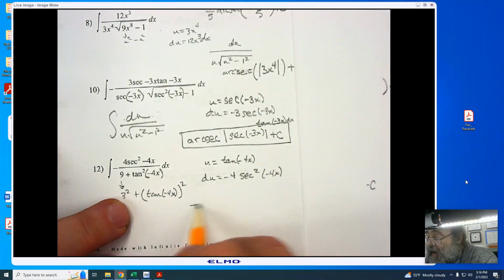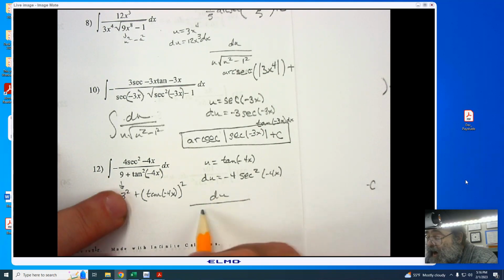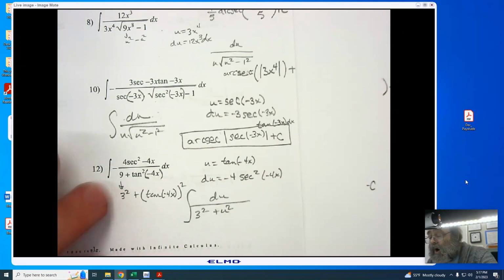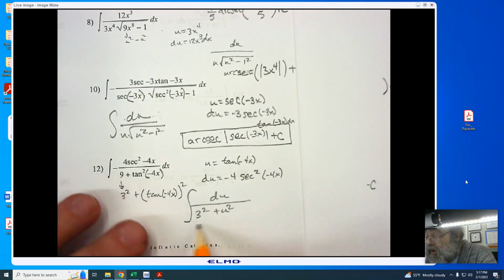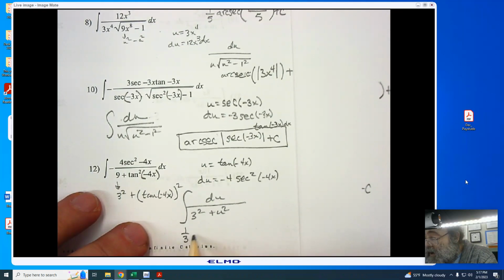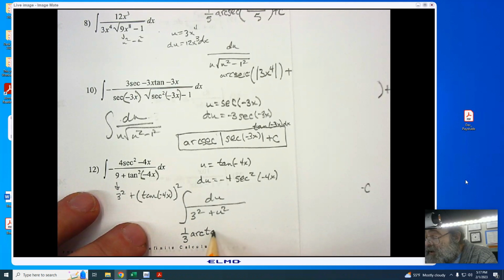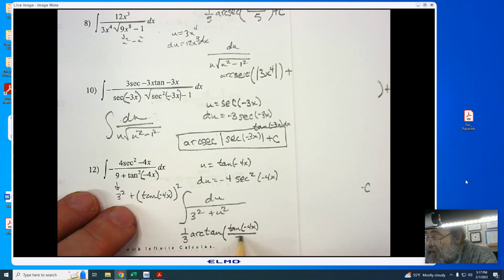I'm now going to put it together, and I end up with my du on top, 3 squared plus u squared. This is definitely an arc tangent. So we're looking at 1 over 3 arc tangent of our u, which is the tangent of negative 4x divided by 3, plus c.